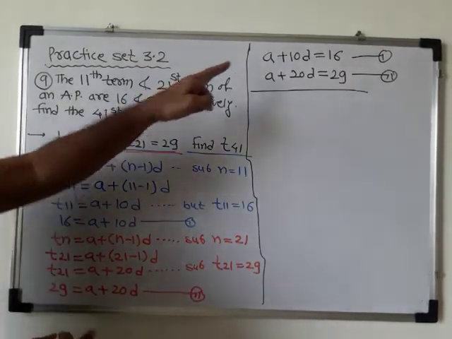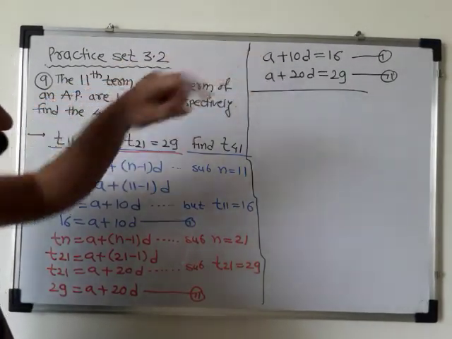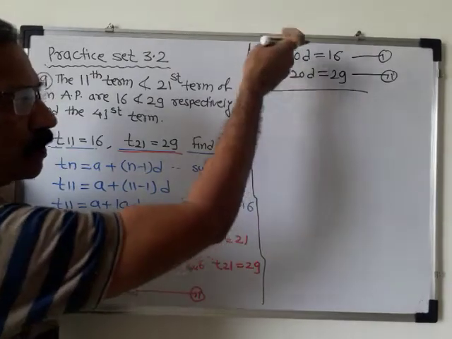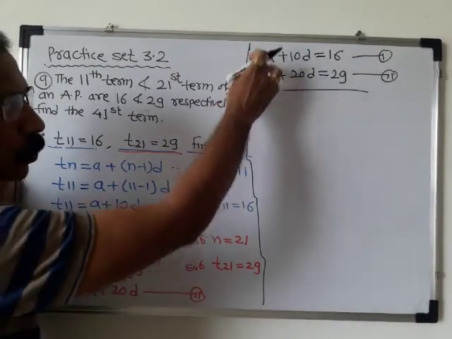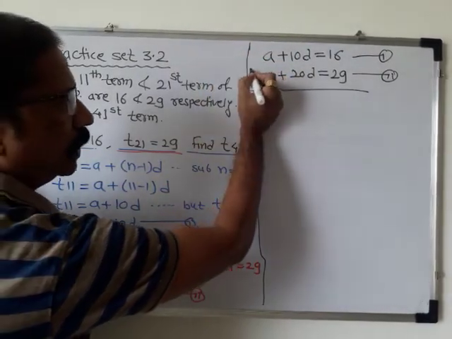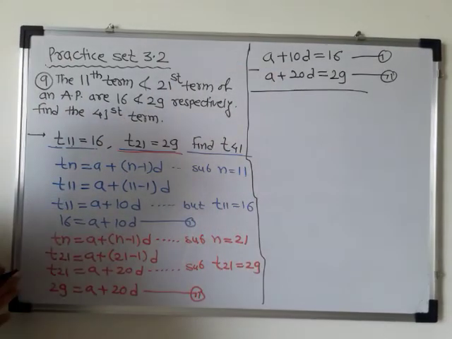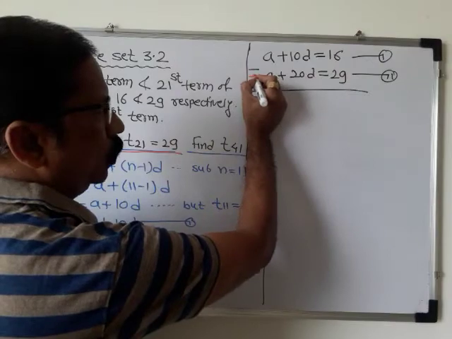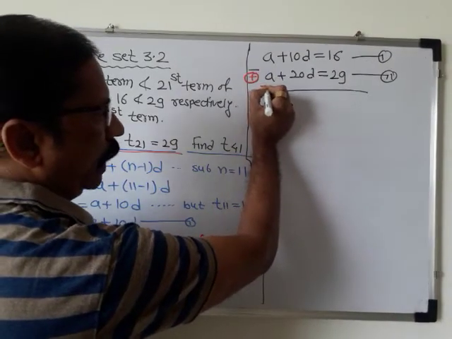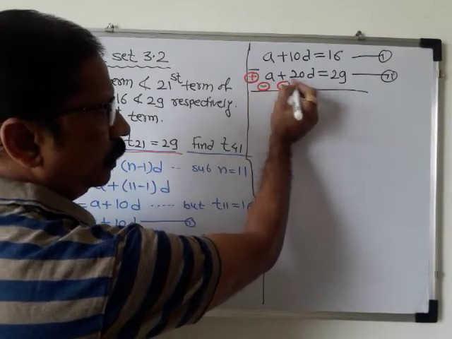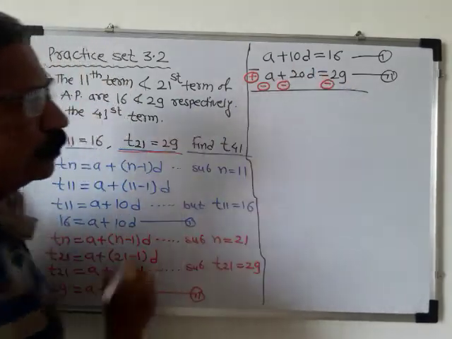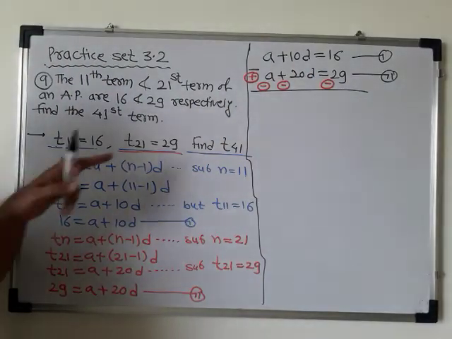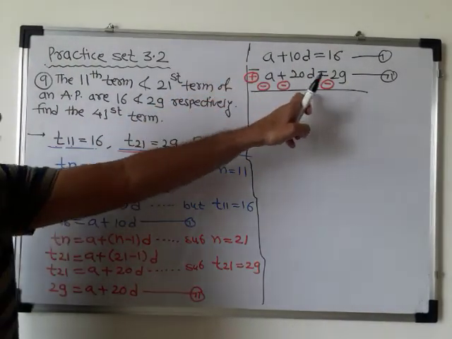You know, elimination means here we have 1a, but in order to cancel the term, the signs should be opposite. So I will select subtraction. Subtraction means addition by changing the sign. So you have to do addition and change each and every sign.